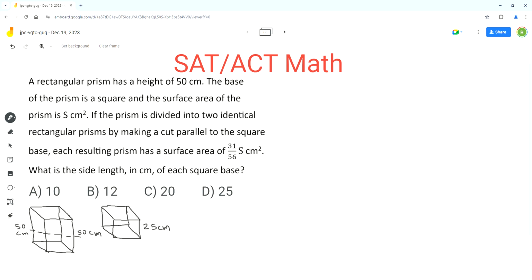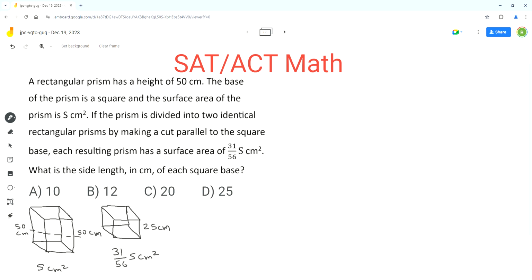The surface area of this new prism is 31 over 56 S centimeters squared. And the surface area of the original prism is S centimeters squared. We have to find the side length of each square base.